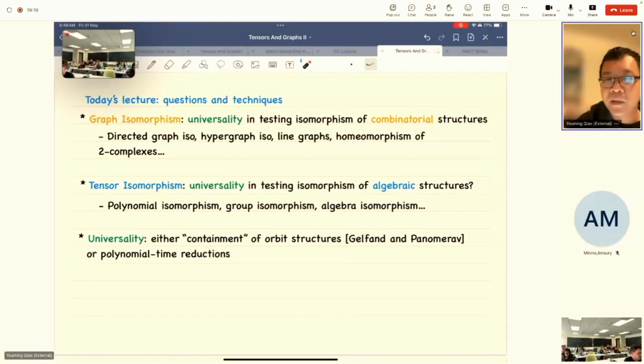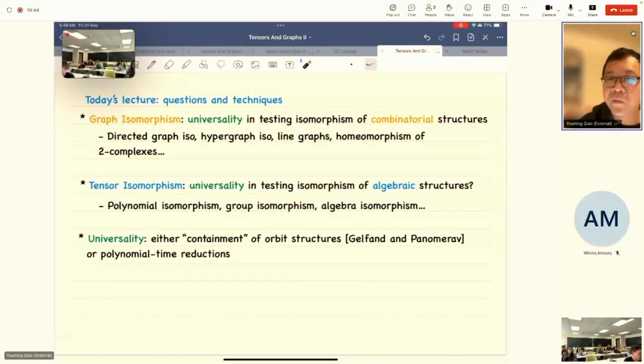So graph iso is a very intriguing problem in computational complexity. People have been studying it since, I don't know, 1960s, 1970s. And there's even some interesting fact or story, that one of the founding fathers of the P versus NP question is Levin, right?